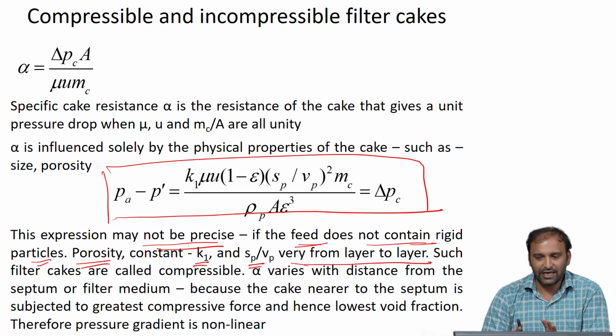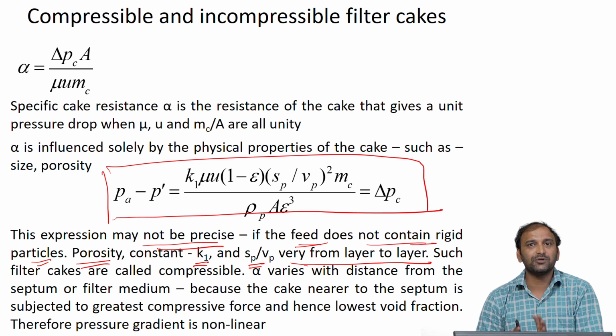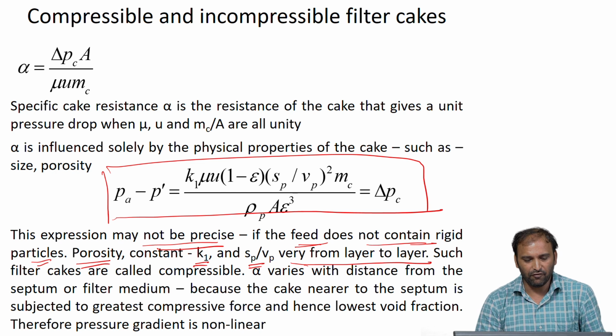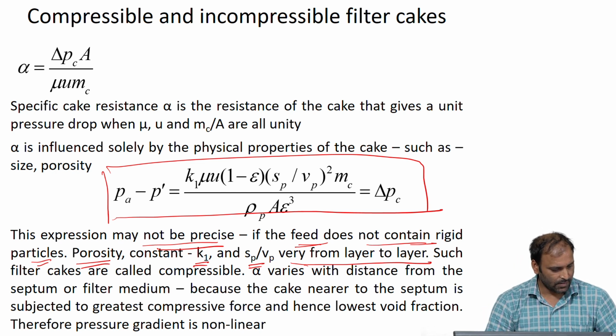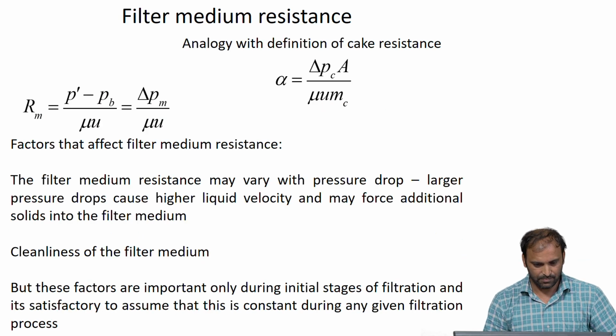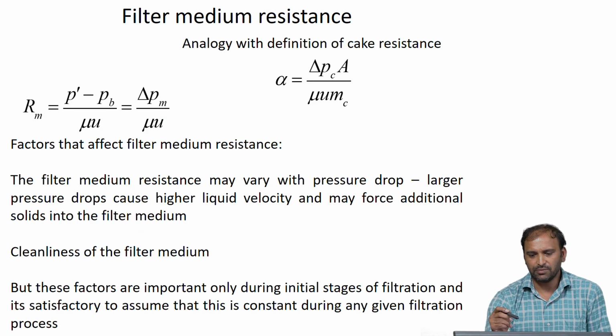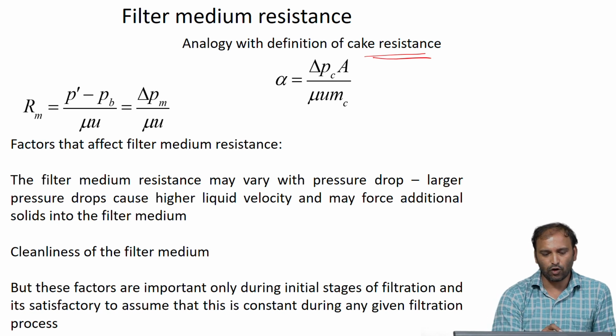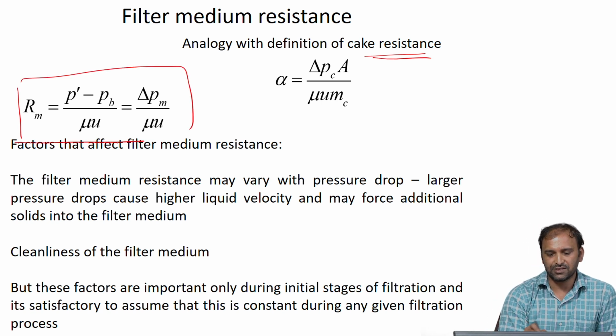However, for the case of an incompressible cake, I can assume that there's a linear variation of pressure drop across the length of the bed. Similarly, in analogy with the definition of the cake resistance, we can also define the filter medium resistance.